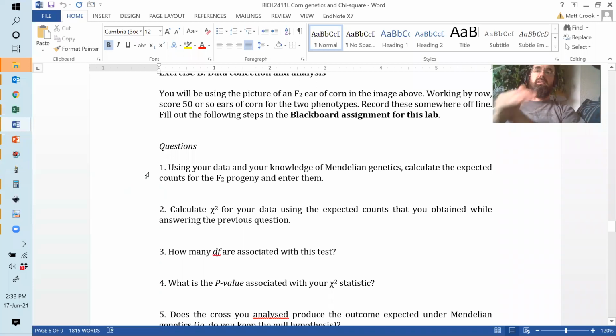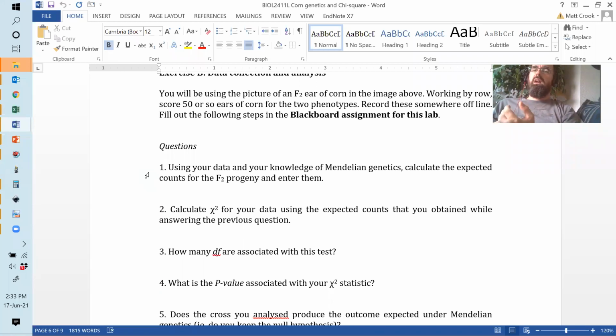And so really it's kind of like a stepwise run through of a chi-square test, right? I'm getting you to figure out the expected values, which is based on Mendelian principles and however many kernels you count. You don't have to count a round number, it could be 32. That's fine.